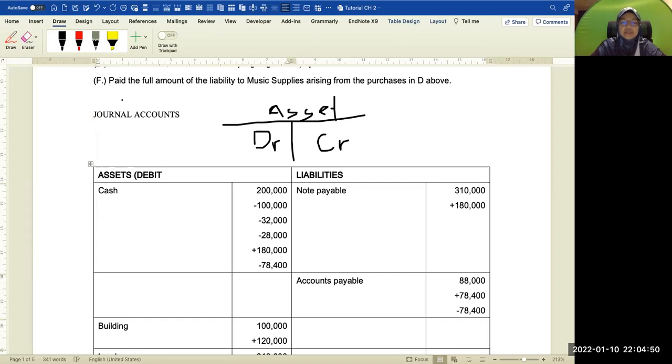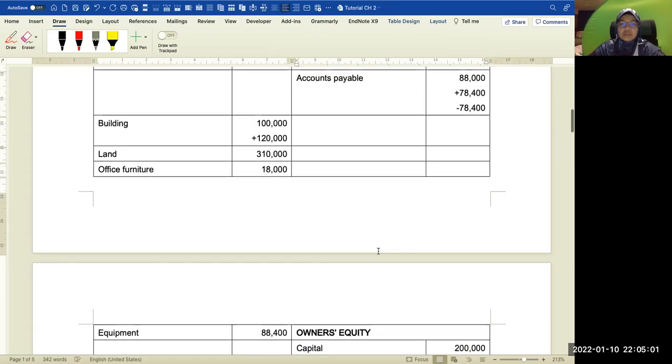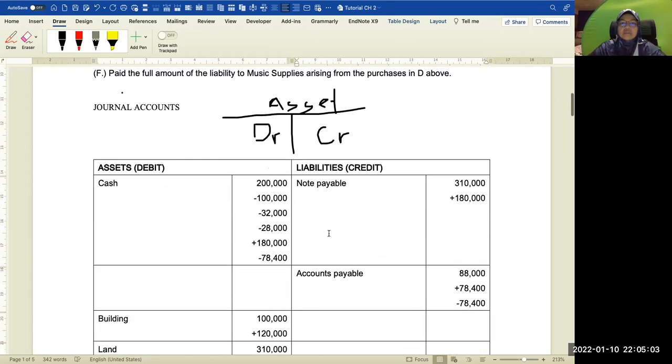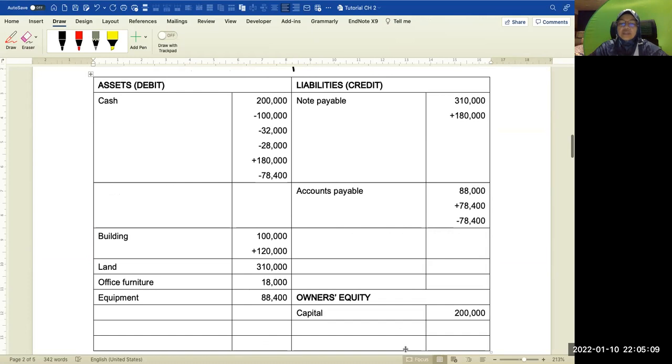We call it a debit. The nature of an asset is always a debit and liabilities is credit. Any idea what would be owner's equity? Do you think owner's equity is debit or credit?